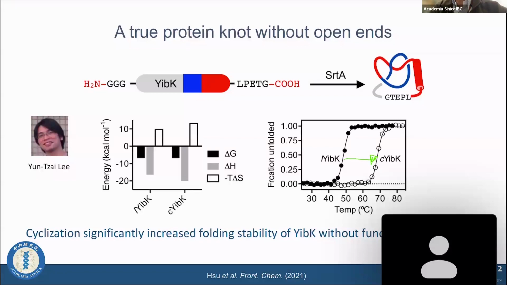And this protein can bind to its cofactor in exactly the same way as the linear chain. So the cyclization basically highly stabilizes the linear polypeptide chain without perturbing its biological function.